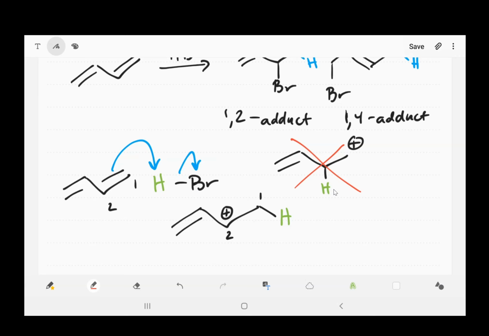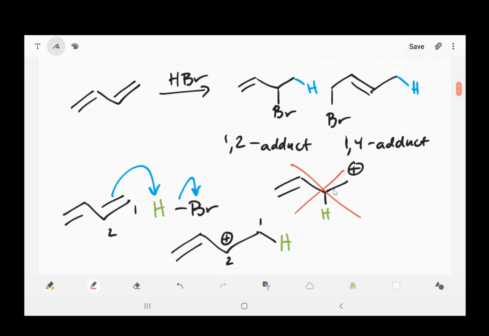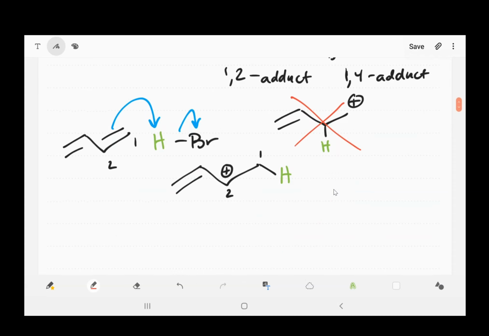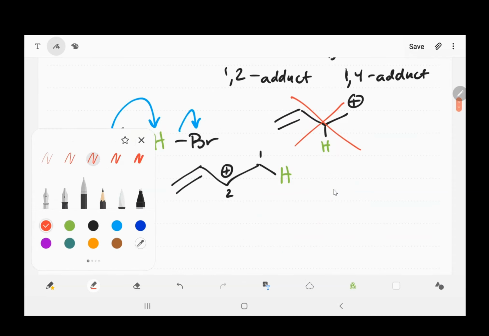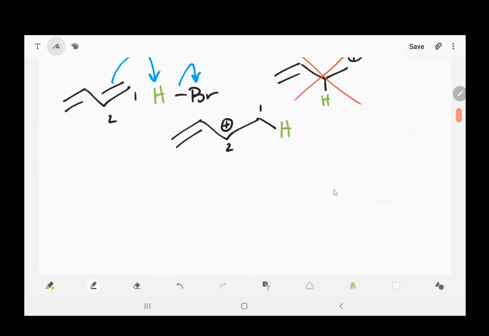And if you stick on your bromine right away, you're going to end up with that 1,2 adduct that we saw before. You're going to have the hydrogen on what could be carbon 1, and then the bromine 1 spot away from that. Or, because this is allylic, we can resonate it as well. Remember that carbocations will do all sorts of crazy stuff in your molecules, and in one case you can resonate it.